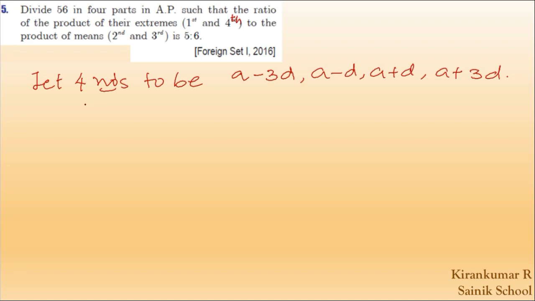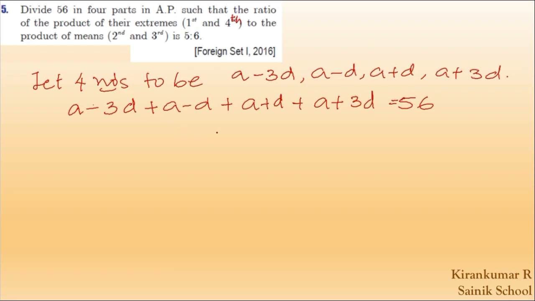There's a reason behind why I consider this format. Here they have given that 56 has been divided into 4 terms of AP. So if I add these terms, a minus 3d plus a minus d plus a plus d plus a plus 3d, we get the sum to be 56. Here all d's will get cancelled and we will be left with 4a equals 56. Therefore a is 14.